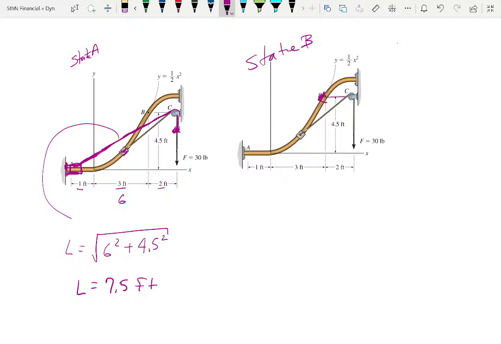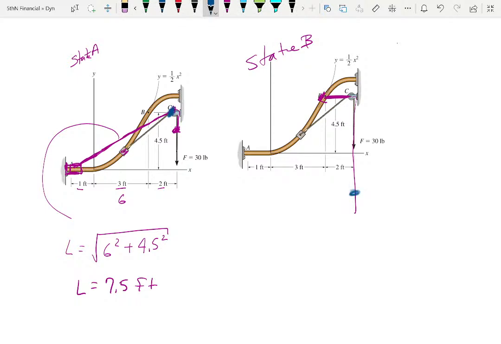But the length of the rope here is such that the piece of tape moved all the way down to here. So here's my piece of blue tape. Now my blue tape ended up down here somewhere.